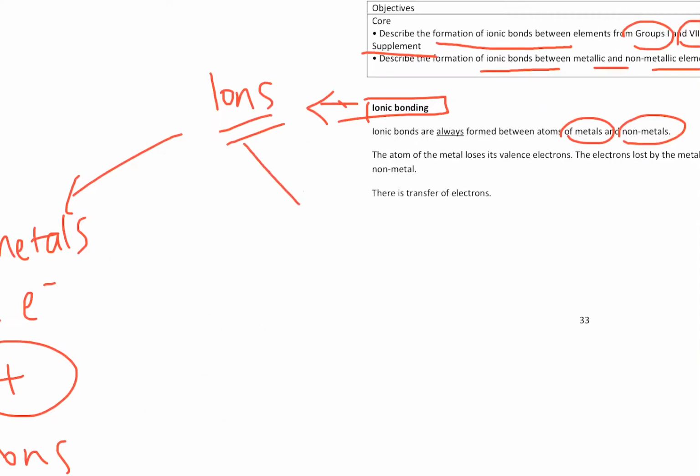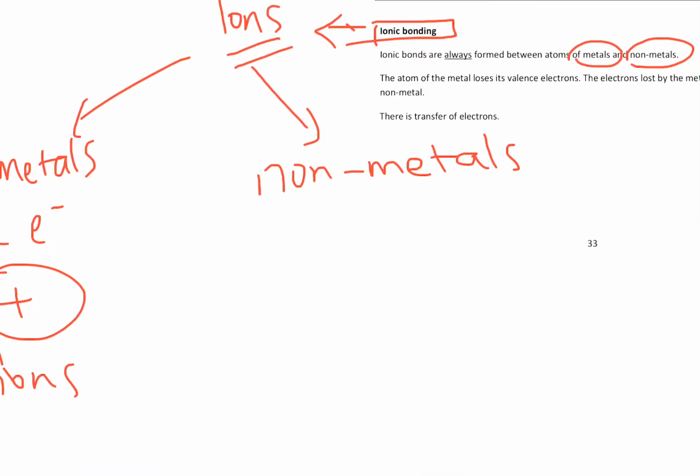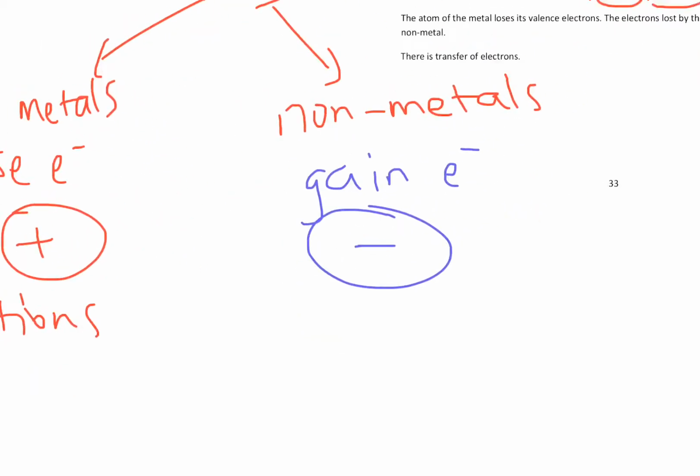And non-metals, they are the ones that are found over here. These non-metals have a tendency of gaining electrons. When they gain electrons, they become negatively charged and they form ions.